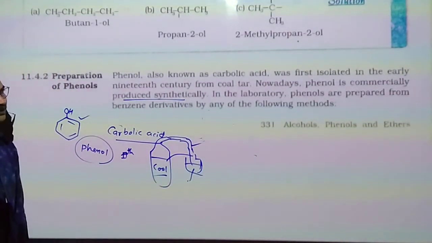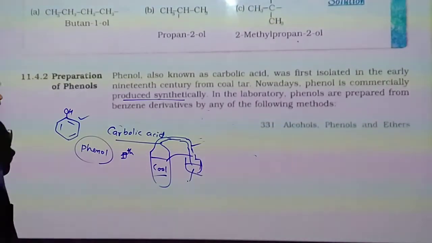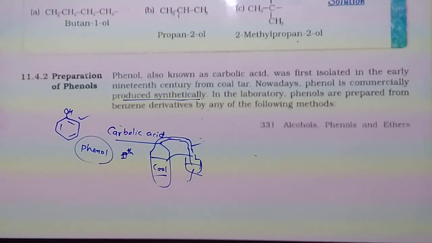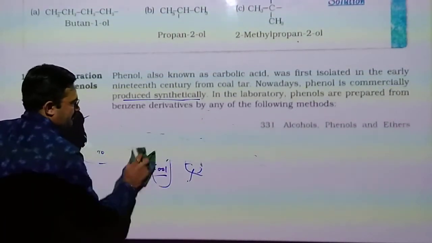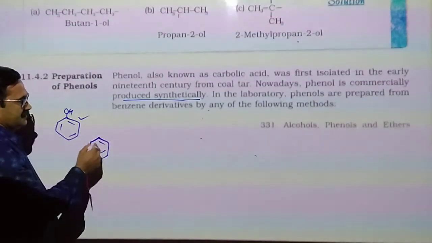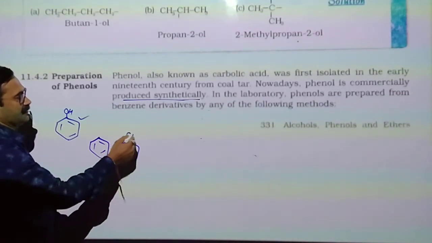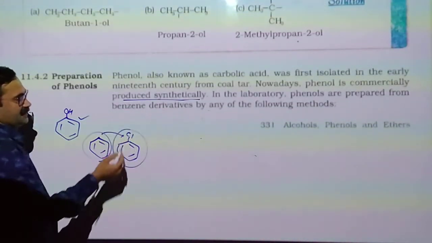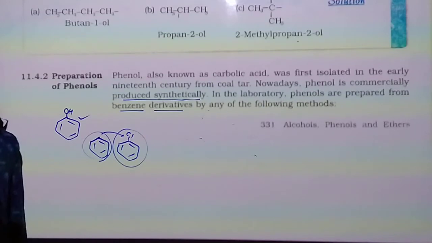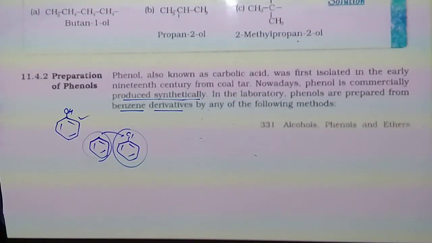It is man-made. Phenol is commercially produced synthetically, on a large scale, not from coal tar. But in the laboratory, phenols are prepared from benzene derivatives, meaning benzene and the compounds made from it, like chlorobenzene. Derivatives means compounds derived from benzene.